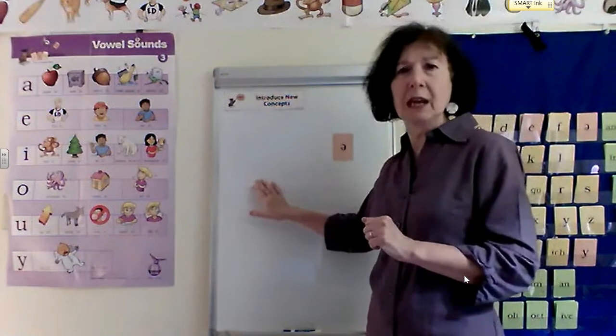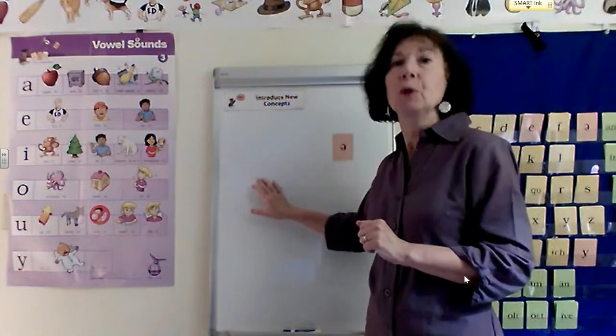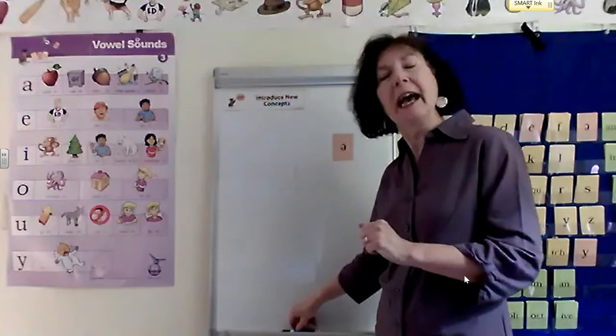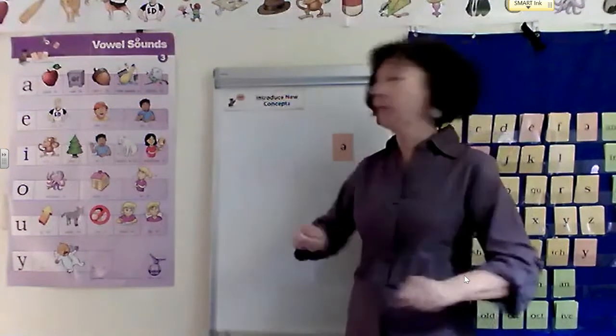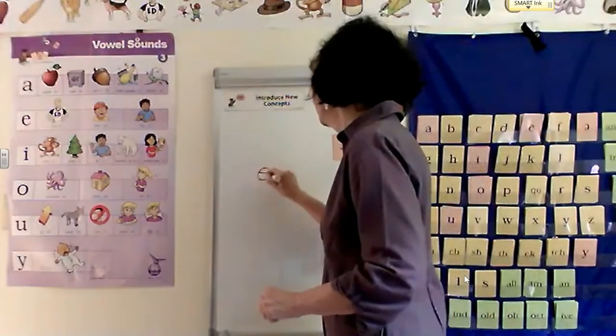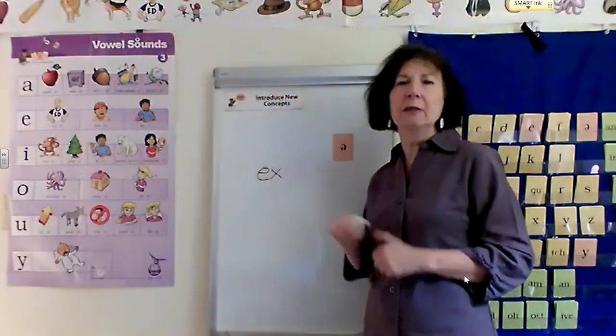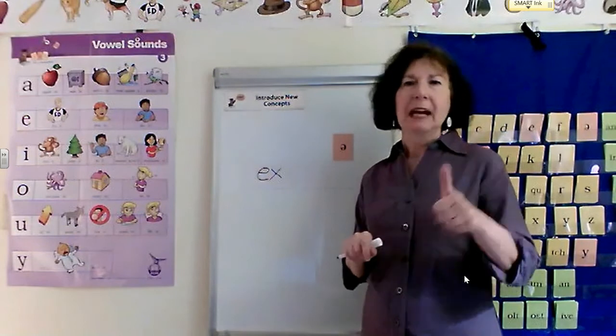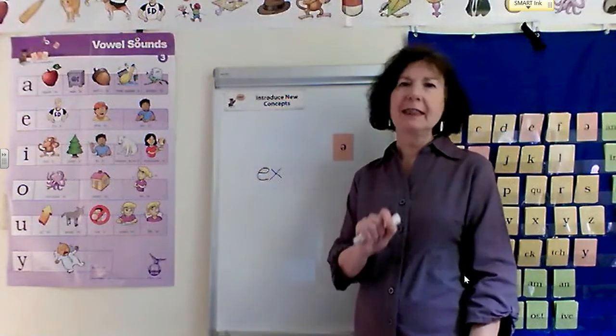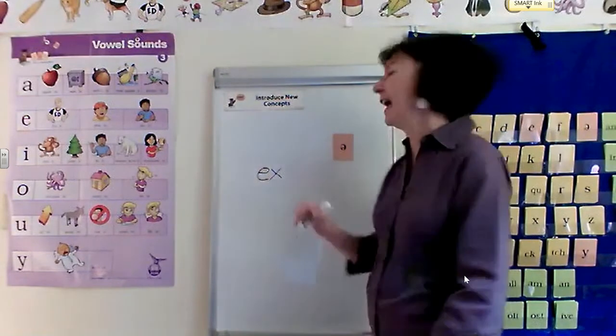Touch your first box again. What was your first syllable? Good, ex. How are you going to write ex? Right, E-X. And now our second syllable, tra. How are you going to write that? I heard you. You guys got this. T-R-A.